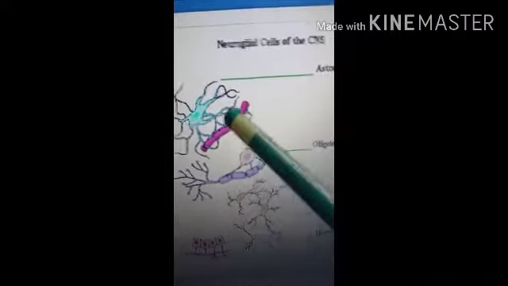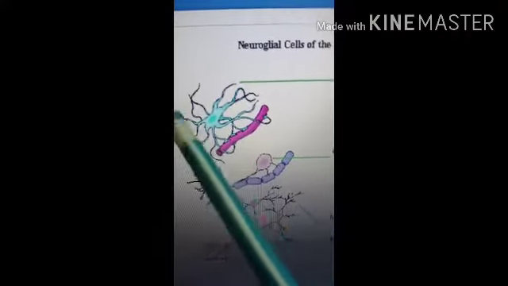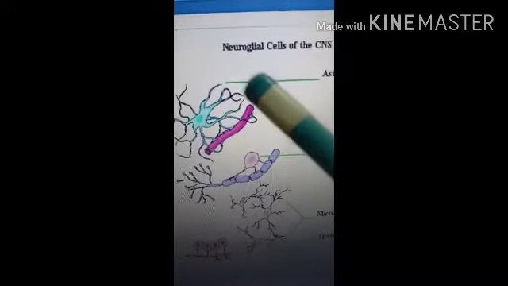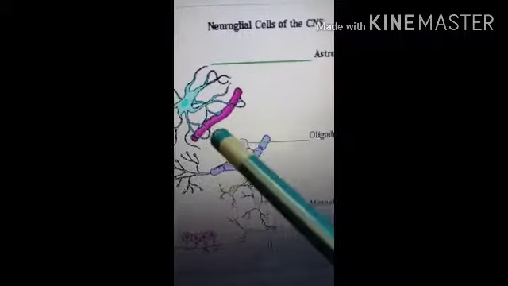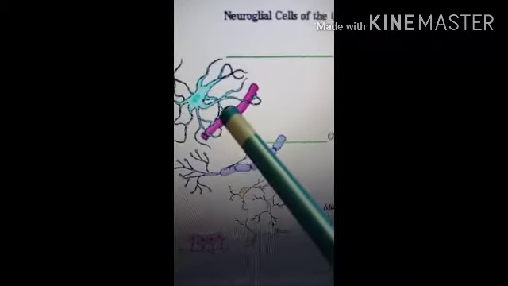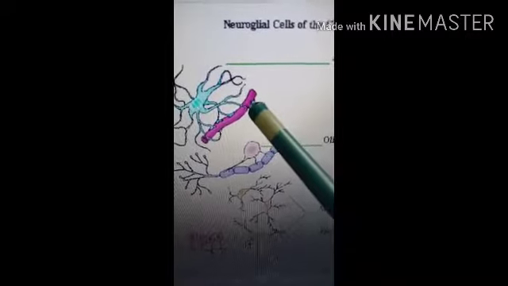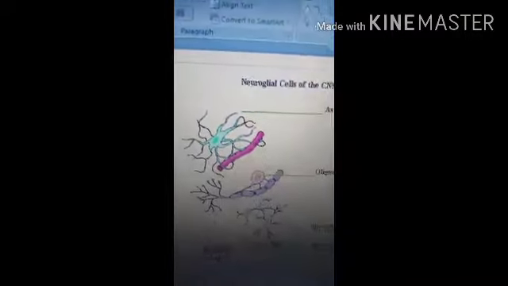It possesses many dendrite-like processes. At the end of the processes there is a small swelling called the foot process, which is the part where they attach to each other.